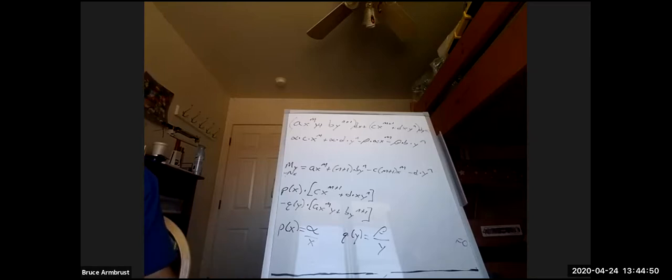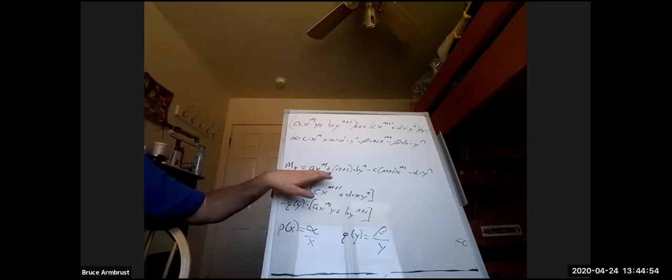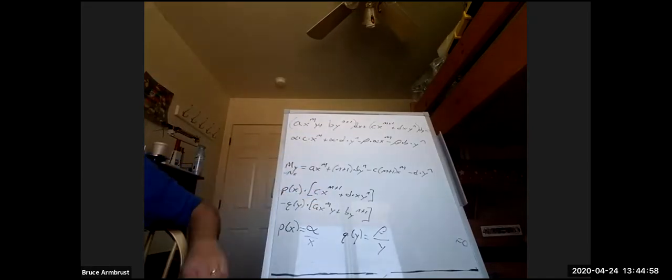And now let's just equate coefficients. Let's look at what the powers of x are going to have as a coefficient and equate those, and similarly the power of y.